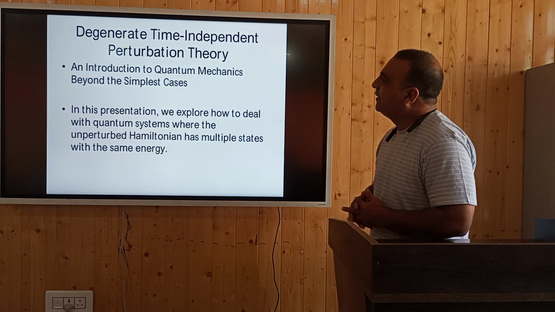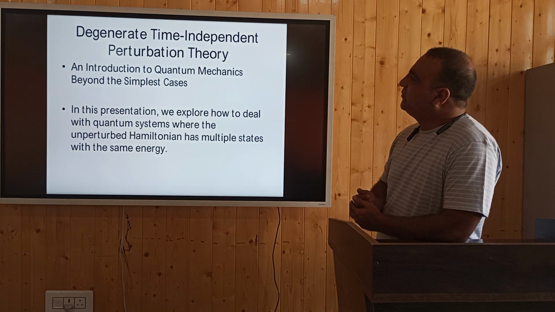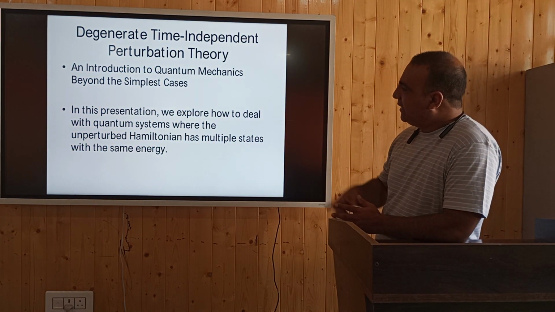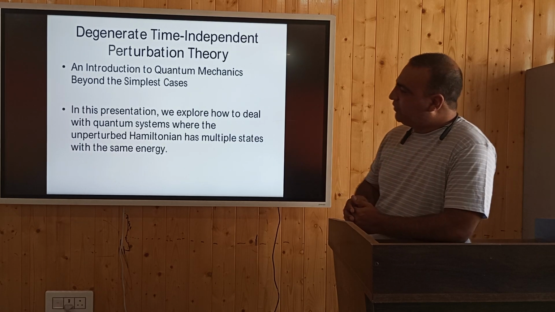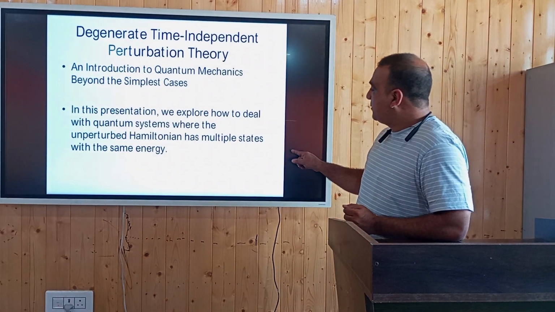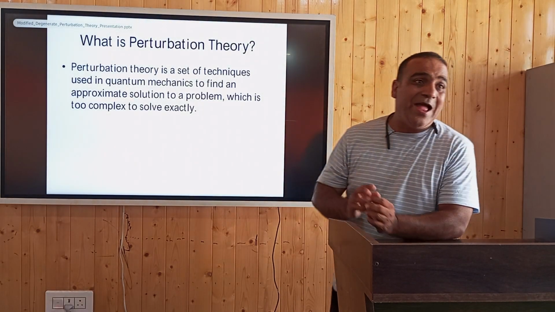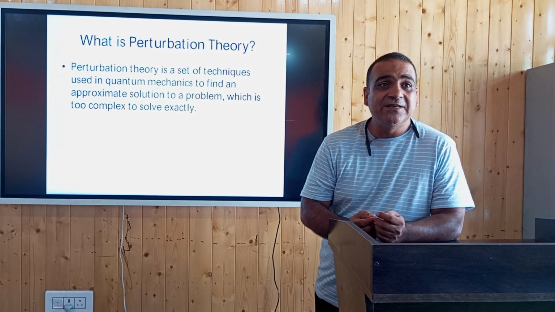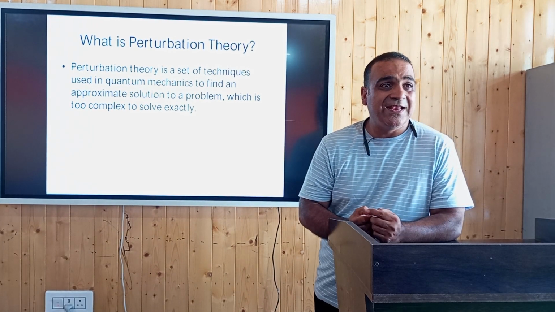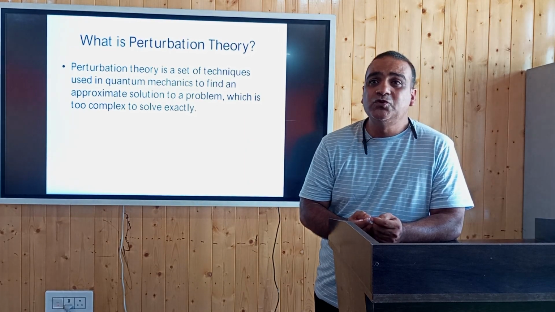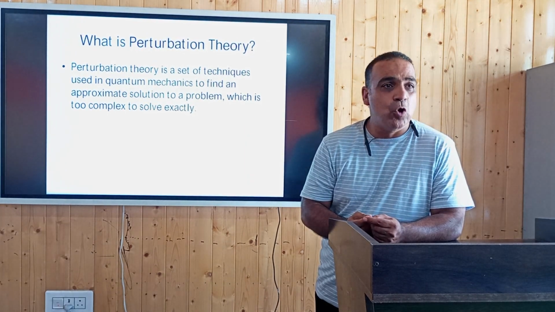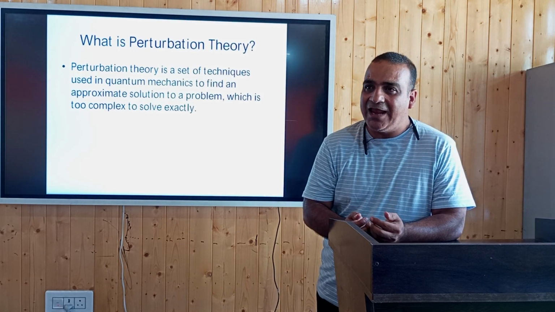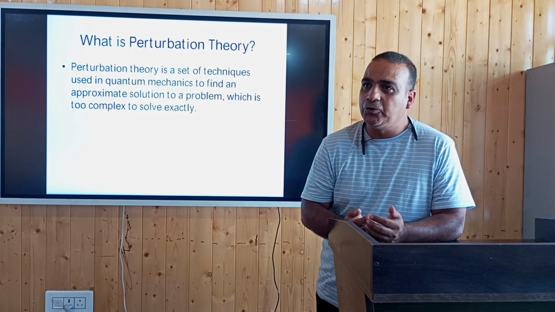Now, to start with, I'll be giving this introduction to the degenerate time-independent perturbation theory, and we will be introducing the concept in this presentation. Again, I'll go back to the point of perturbation. What perturbation is, it's basically a very simple disturbance that you are exerting on your system whose Hamiltonian is already known, and you have calculated all the eigenvectors and eigenvalues linked with that Hamiltonian problem.